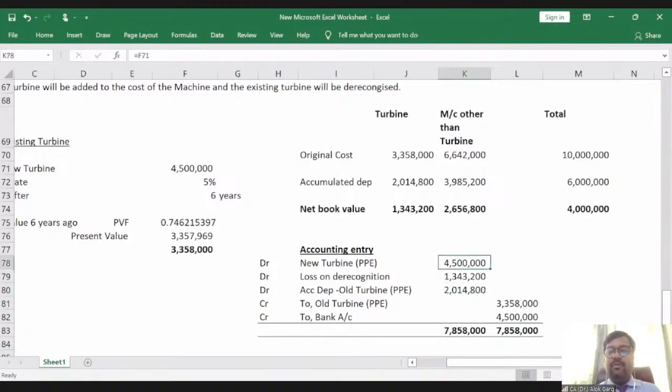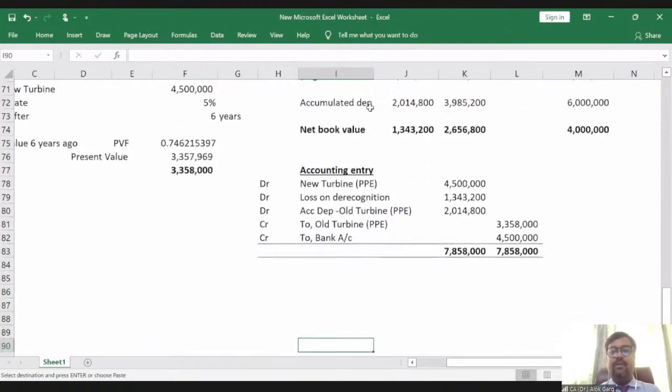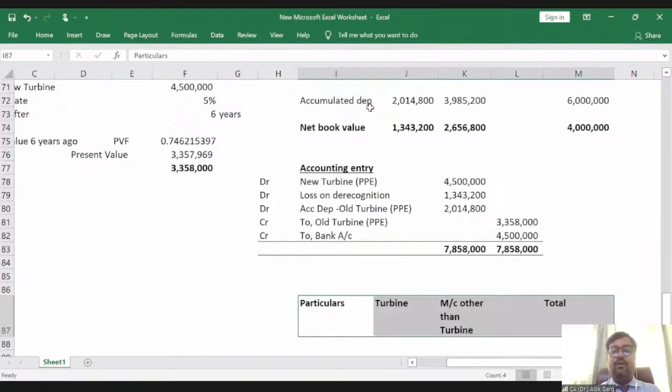So in this case, what will be my revised gross block? My revised original cost will be 66,42,000 plus 45 lakh, right?